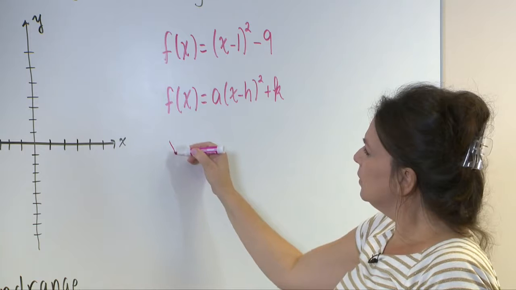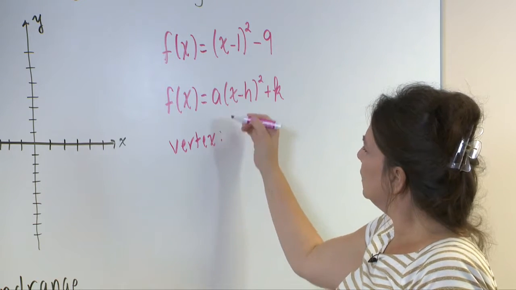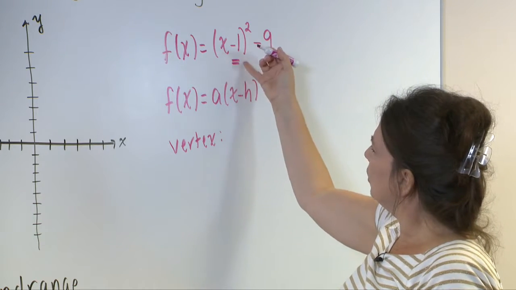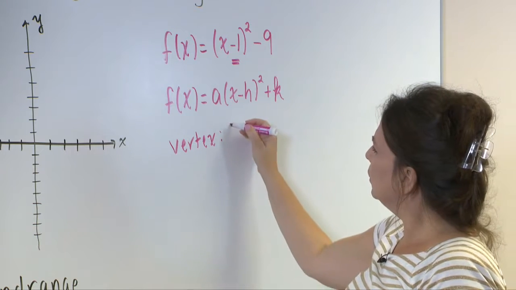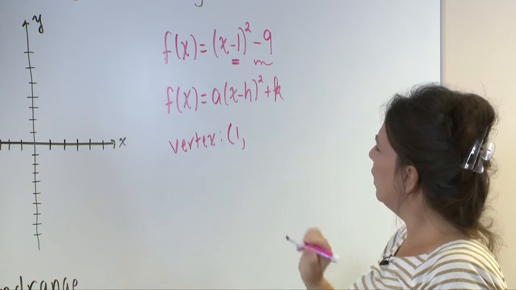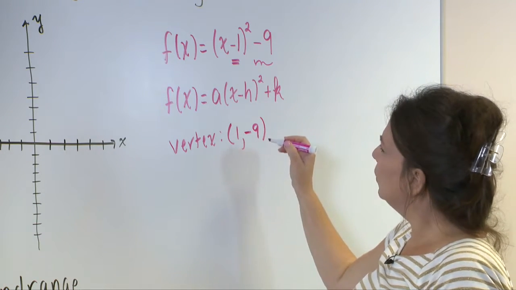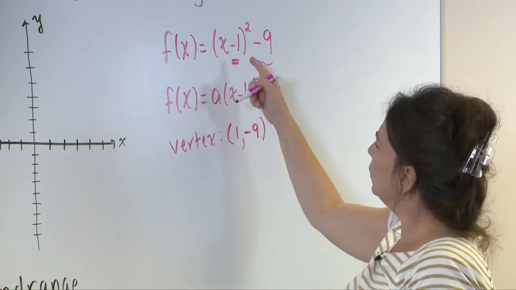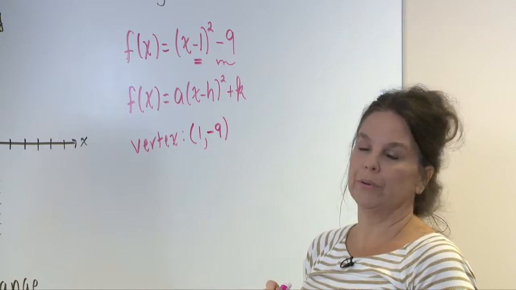And in this case, the vertex is (h, k), or in our problem, it is the opposite of what we have inside the function, so it's 1, and exactly what we have outside the function, negative 9. Or the parabola has been shifted 1 unit to the right, 9 units down.